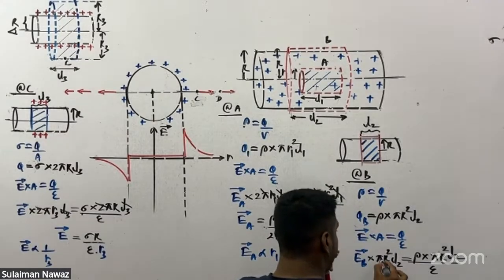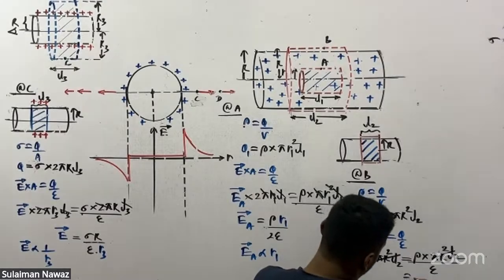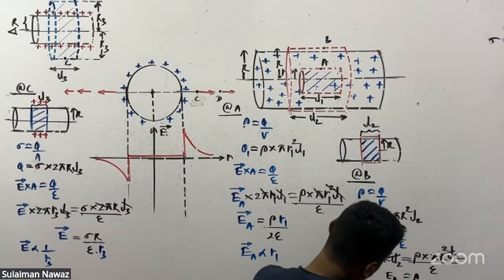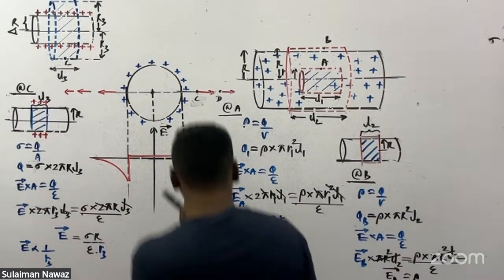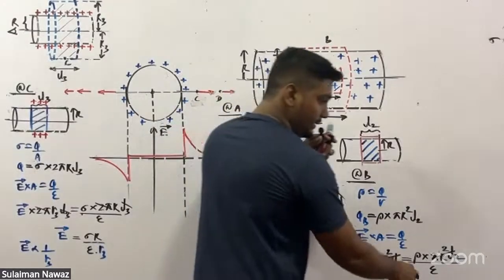I think pi capital R squared L2 cancel out. Then we are getting rho over epsilon as EB. It's a constant. So EB means rho over epsilon.